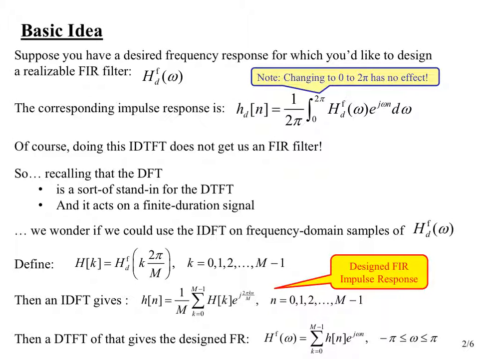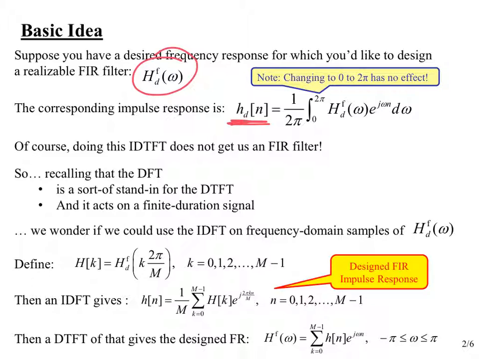Okay, so here's the basic idea. Suppose you've got a desired frequency response, just like we've been saying, and we'll call that H sub D, and we can't necessarily achieve that exactly with a realizable causal filter. So we've got that, and we can come back to some corresponding impulse response.